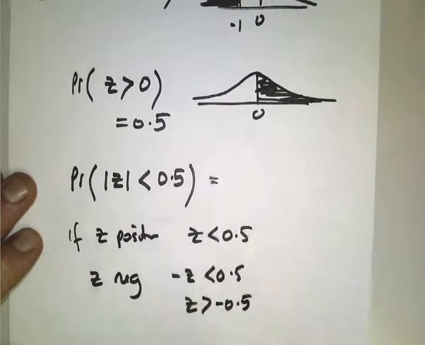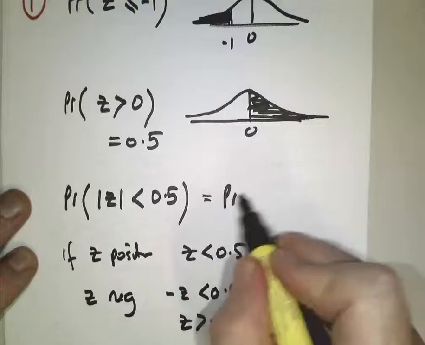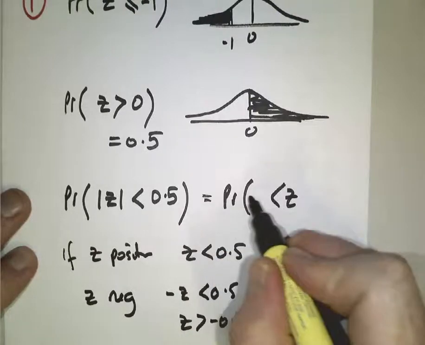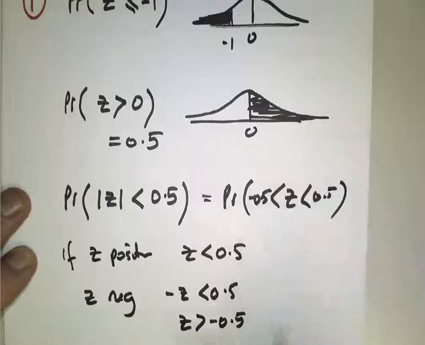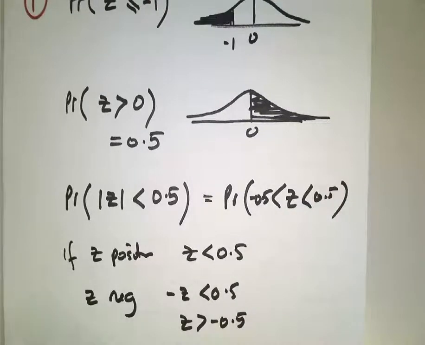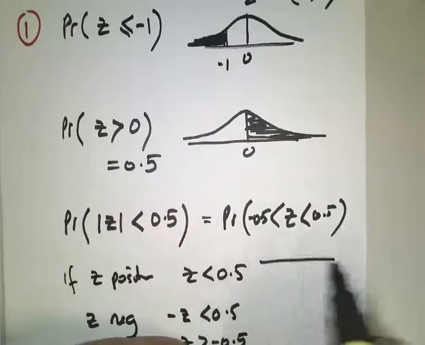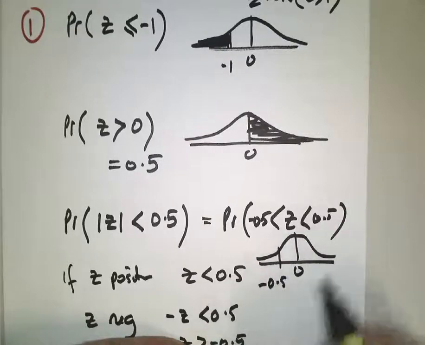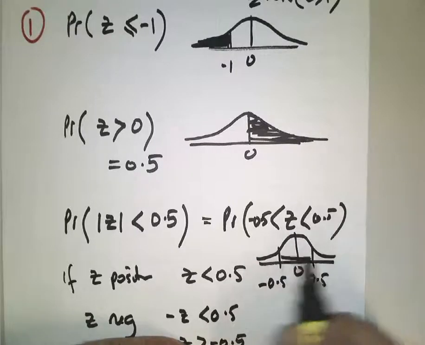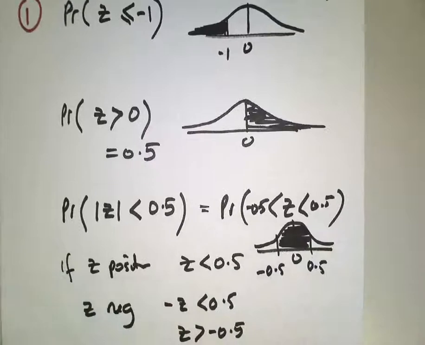So this is the same as writing the probability that Z is greater than -0.5 and less than 0.5. And I can use my calculator. So what would that look like? 0, -0.5 on the negative, 0.5 on the positive. That's that area in between there.